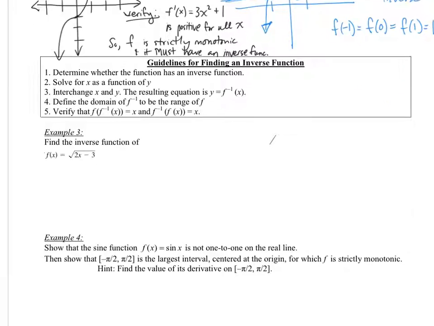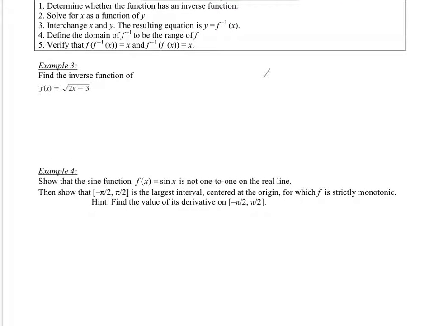Okay? So here in example 3, it says find the inverse of this. So let's go through these steps. So first, I'm going to rewrite my f as y. Then I'm going to switch my x and y. So x is equal to the square root of 2y minus 3. Now I need to solve for y. So I'm going to square each side.